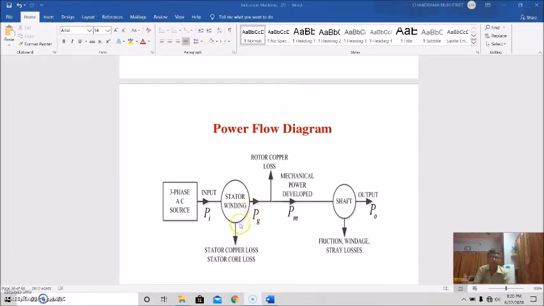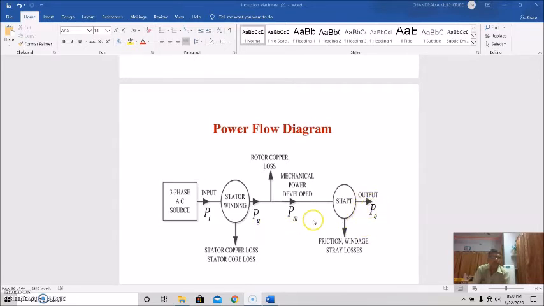This power is known as the air gap power, and this power is then induced in the rotor winding. If we deduct the rotor copper loss, we get the mechanical power developed in the rotor, that is at the rotor shaft, and if we deduct the frictional and windage stray losses, etc., we get the output power which will be available for the load.